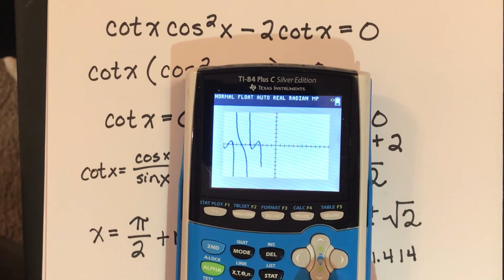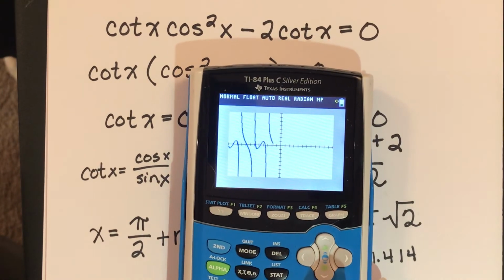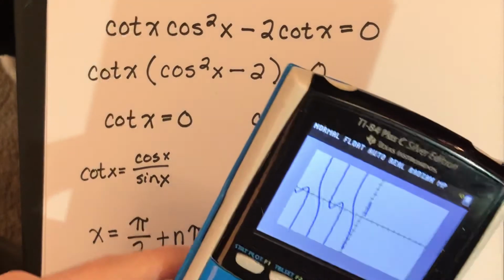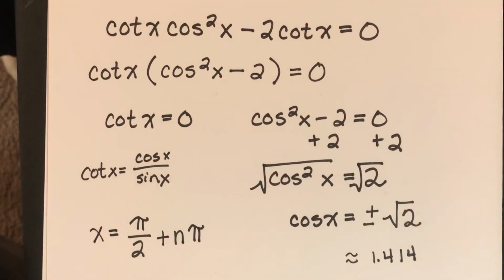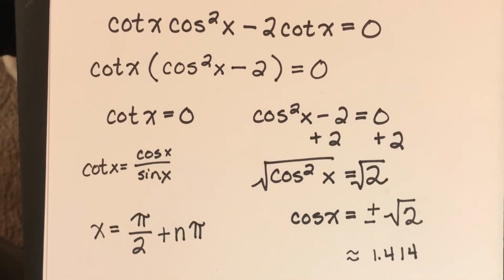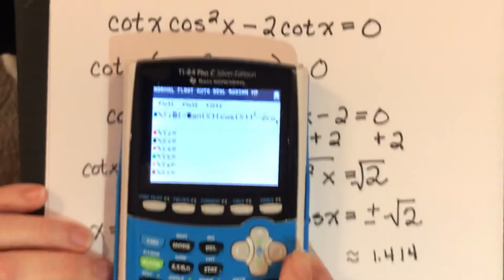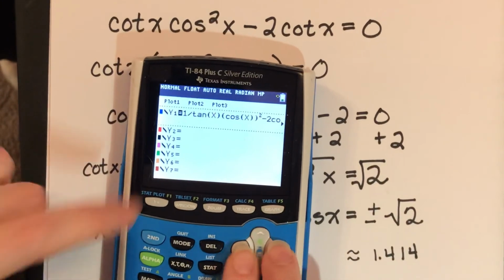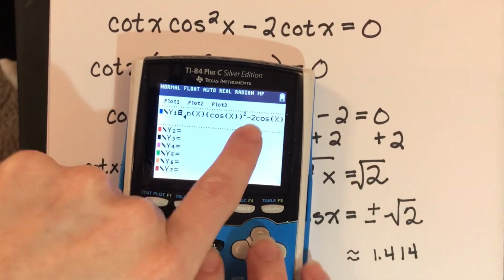What? Wait, I did something wrong. What did I punch in wrong? Oh, I know why. Did y'all catch my mistake? Look what I did, I'm so sorry. I did cosine down here on accident.